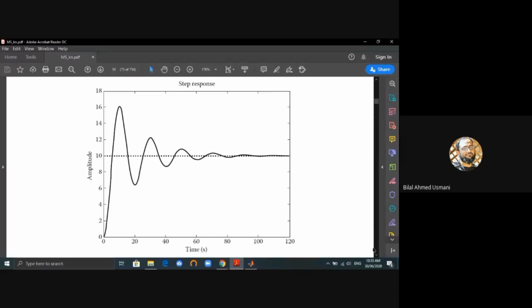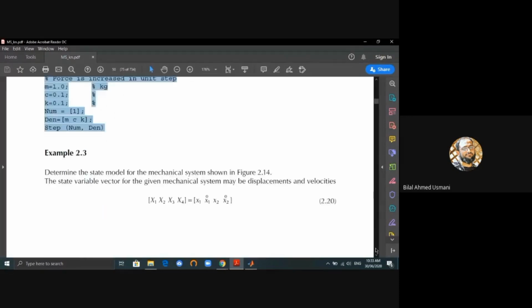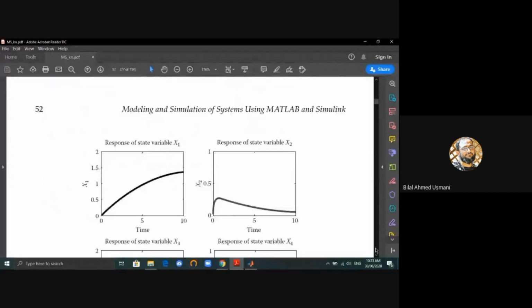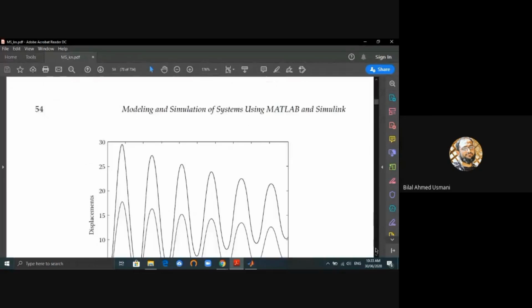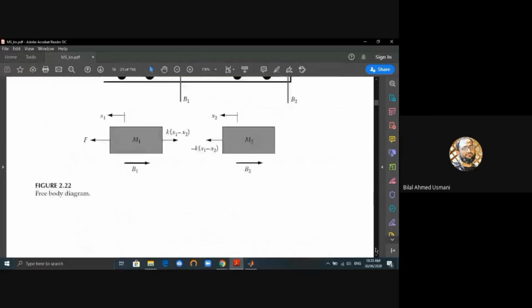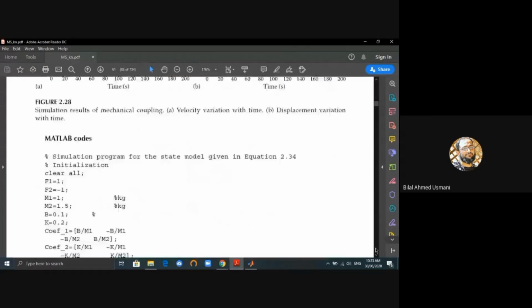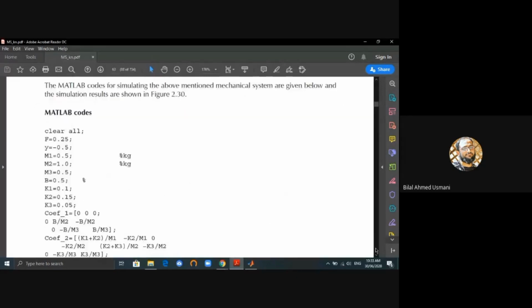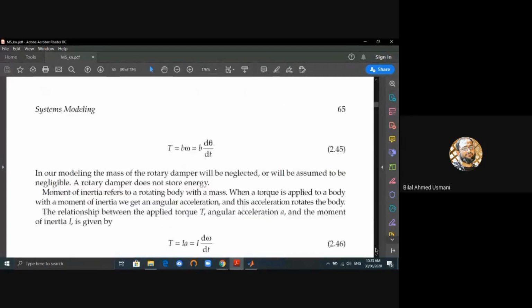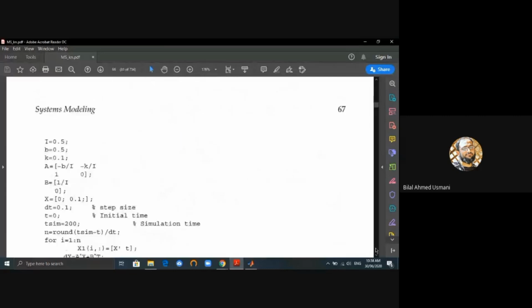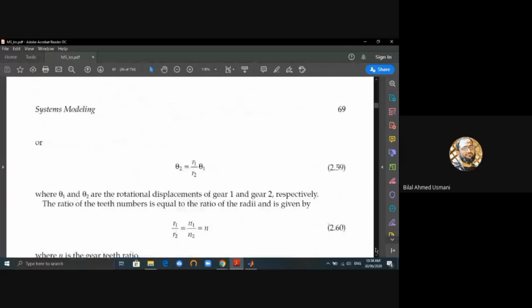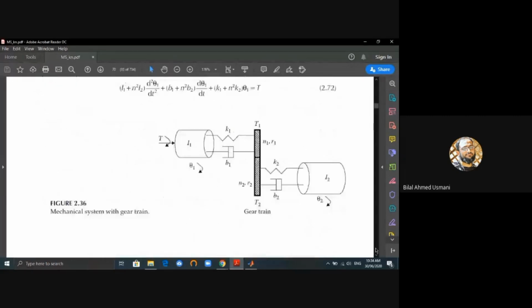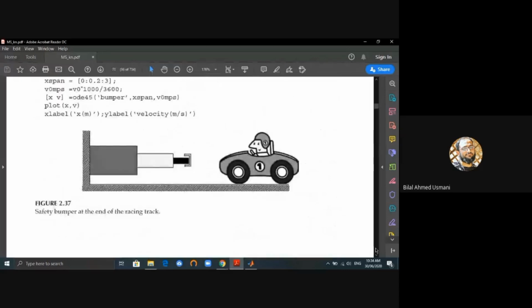Now that's all for the second example, and I won't go to example number 2.3. They are quite hard. Just a couple. There are some examples from electrical systems which were a bit easier.